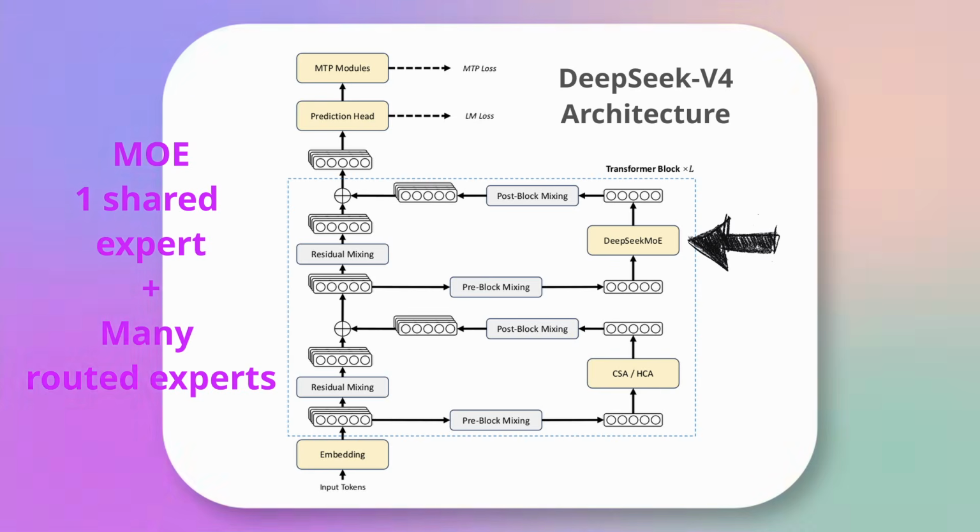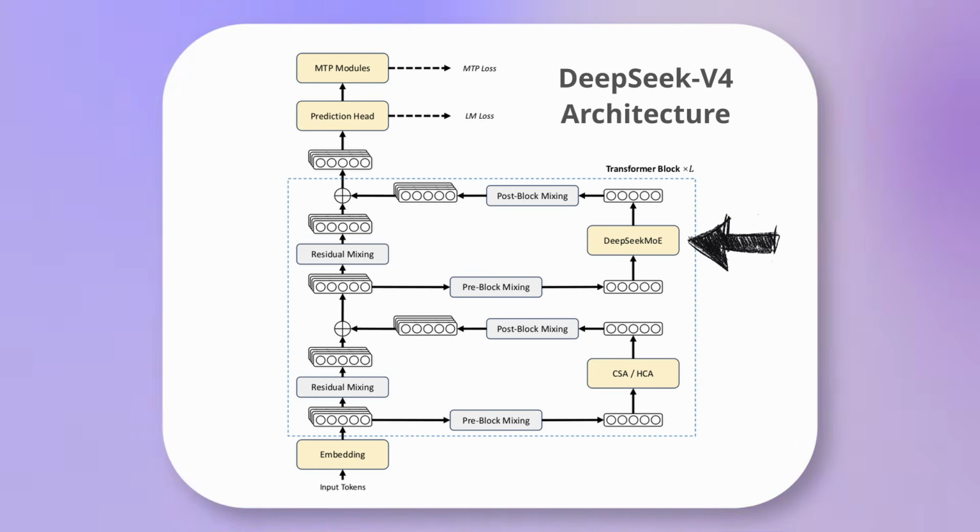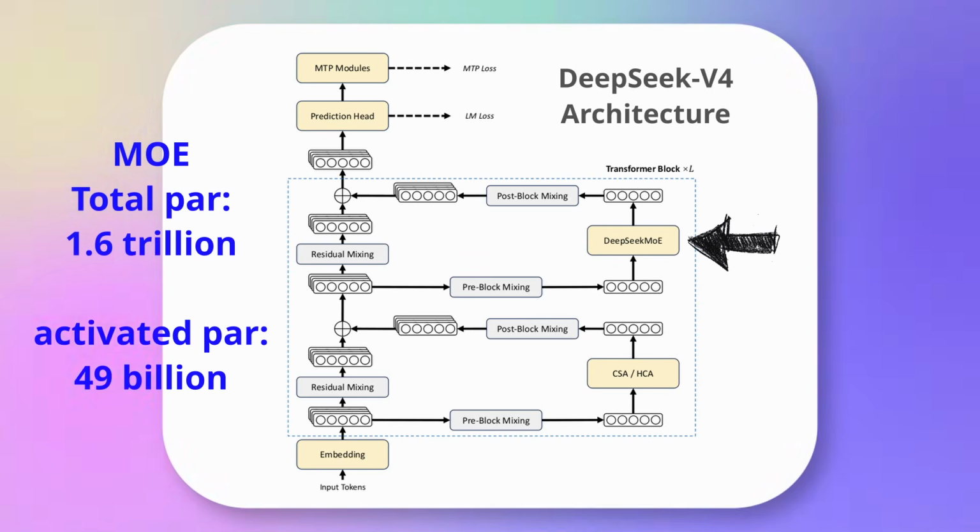A routing mechanism decides which experts are best suited for the current token based on the token's hidden state. The MOE architecture allows the model to have a huge total parameter count of 1.6 trillion for the pro version, while only using a fraction of them, or 49 billion, for any given token. This is a massive win for efficiency.